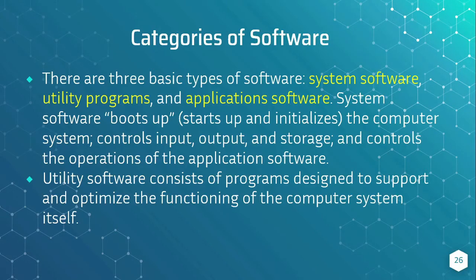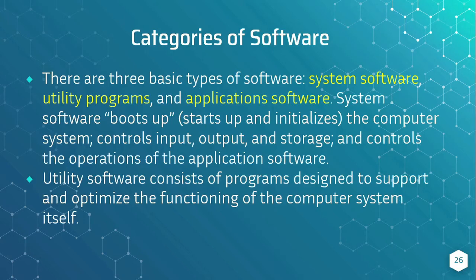Categories of software. There are three basic types of software: system software, utility programs, and application software. System software boots up, starts up, and initializes the computer system, controls input, output, and storage, and controls the operations of the application software.